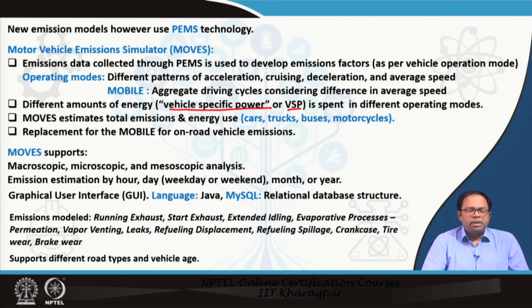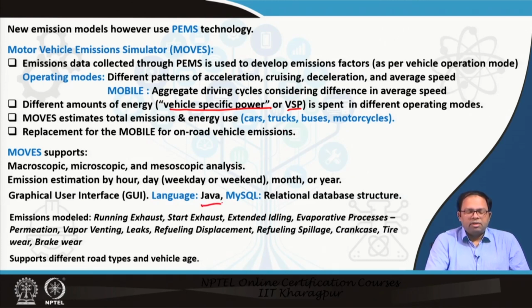Gradually it is replacing MOBILE for on-road vehicle emissions as the most popular model, becoming the standard. It supports macroscopic, microscopic and mesoscopic analysis, and it can do estimation by hour, by day, weekday and weekend, month, year, whatever time period we want, and it has a graphical user interface.